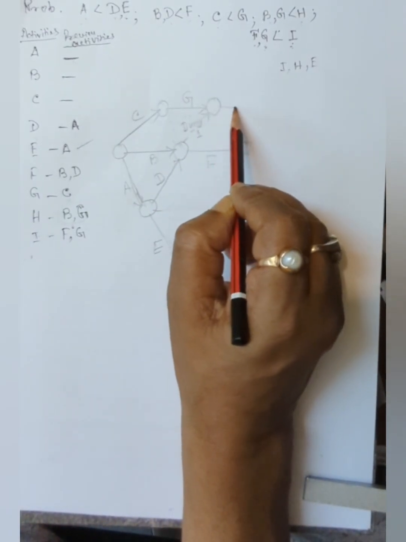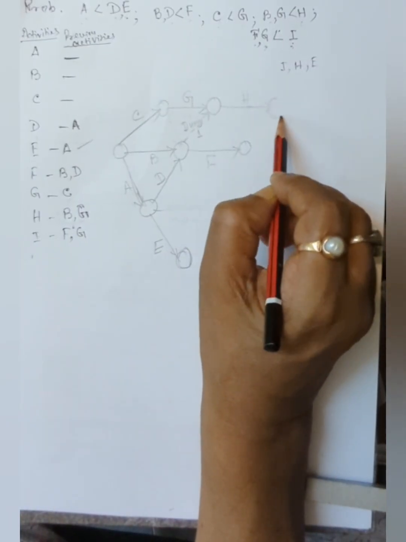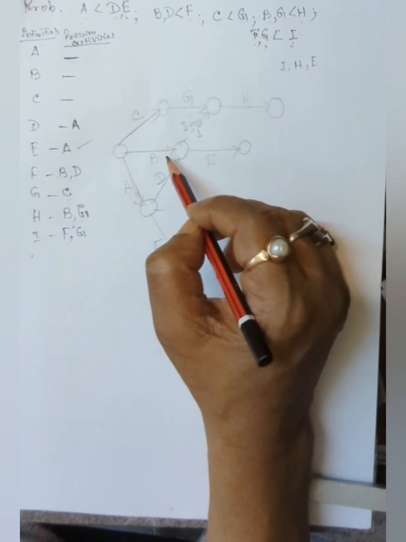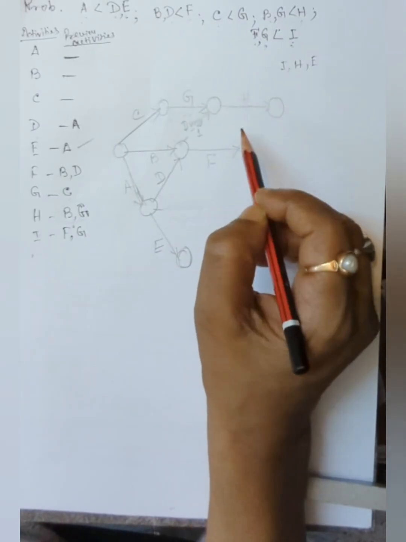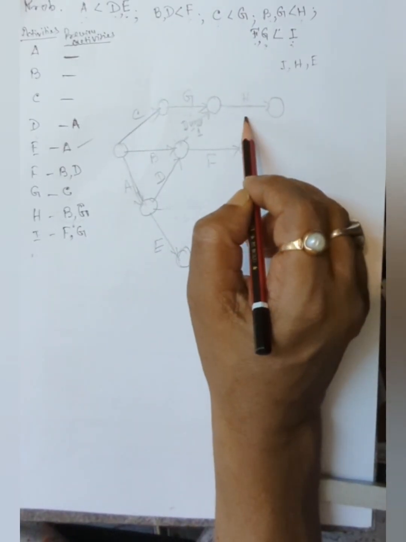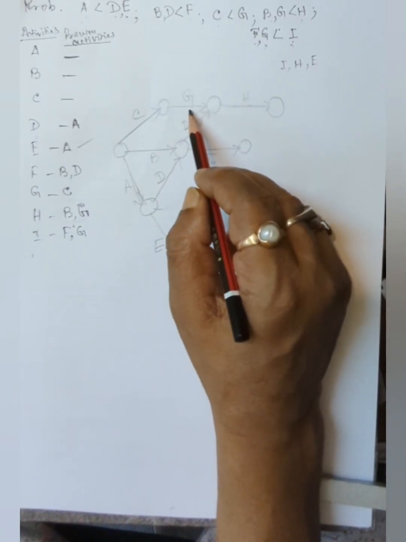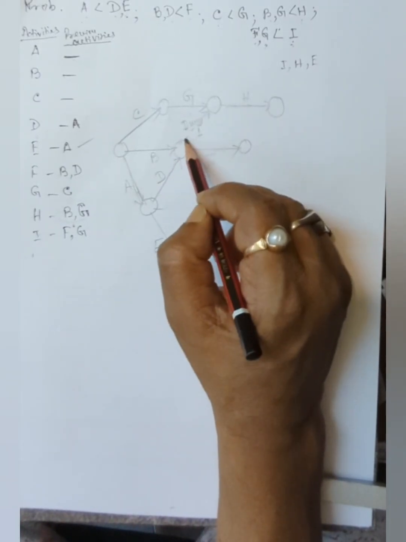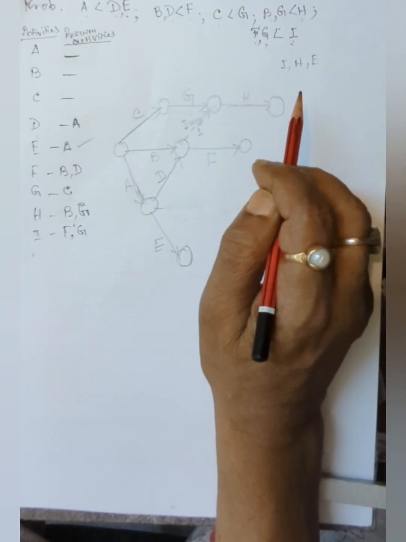And then draw H. It will be B, the precedence activity, and G, and this is H activity. H has to be drawn after completing B and G. B and G are the preceding activities. It is mentioned. That's why a dummy is used to show the relationship.